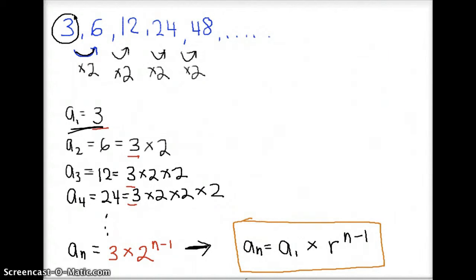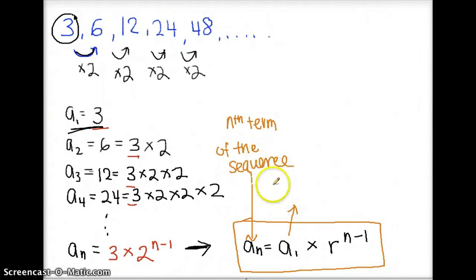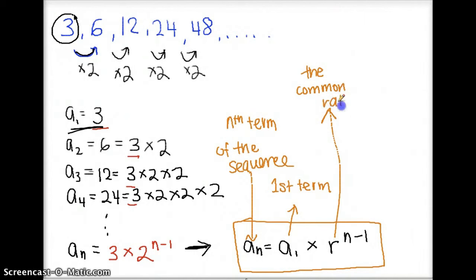So I'm just going to write it out. an is the nth term of the sequence. And a1 is the first term. r is the common ratio, and that's the number we multiply by each time for each term.